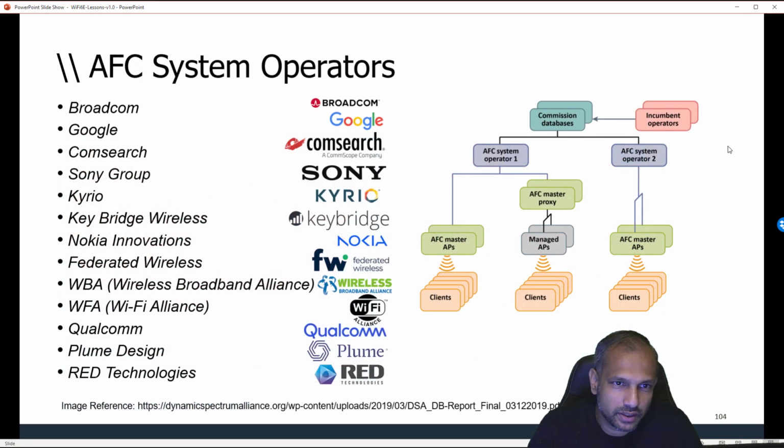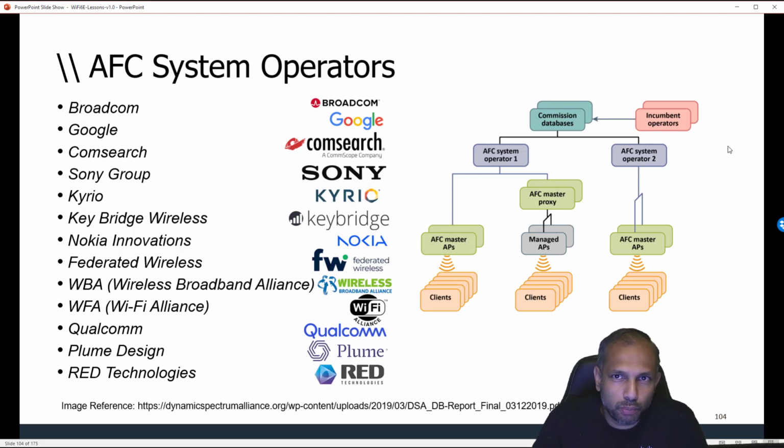So how does it work? The FCC authorizes 13 different kinds of operators. They are the ones who have the information, and they need to make sure they all centrally communicate with the FCC approved database, and then they can provide that information to the APs.